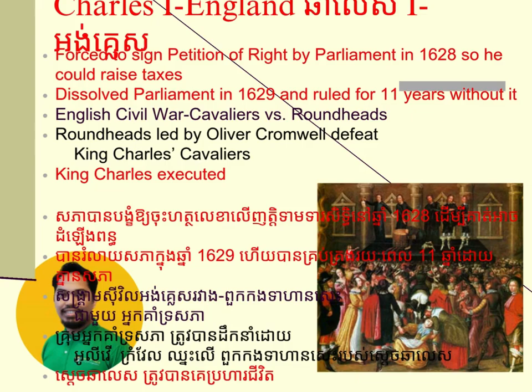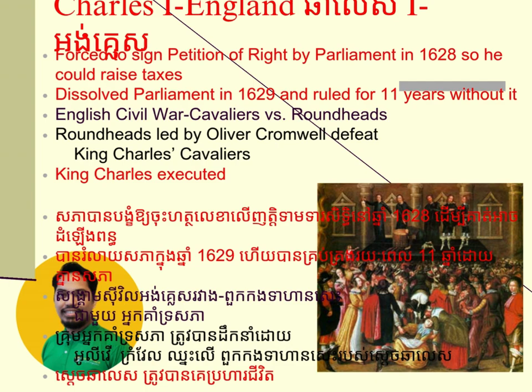Another king on the list is King Charles I of England. He was forced to sign the Petition of Right by Parliament in 1628 so he could raise taxes. He also dissolved Parliament in 1629, and he ruled for 11 years without Parliament.